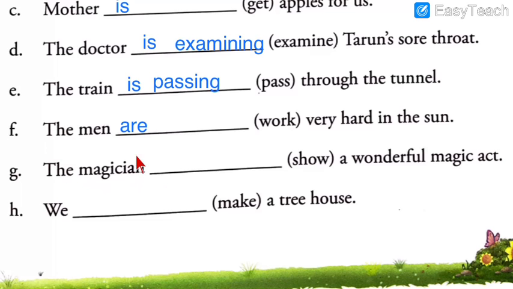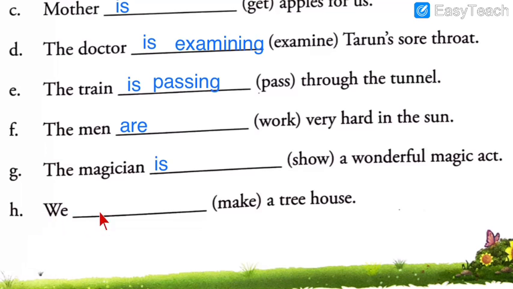So if the singular form of magician is given, we have to write is. The magician is showing. So is is the correct helping verb. The magician is showing.